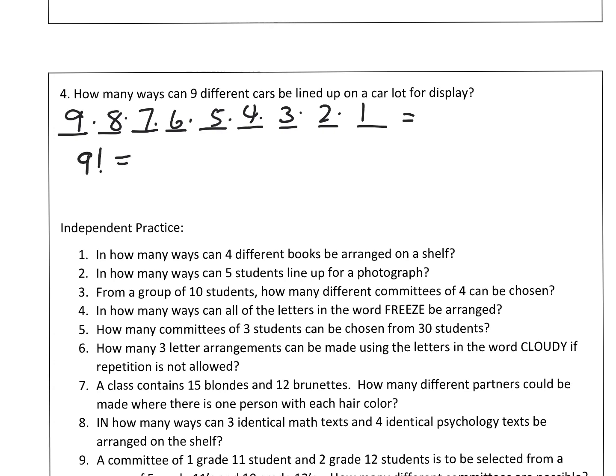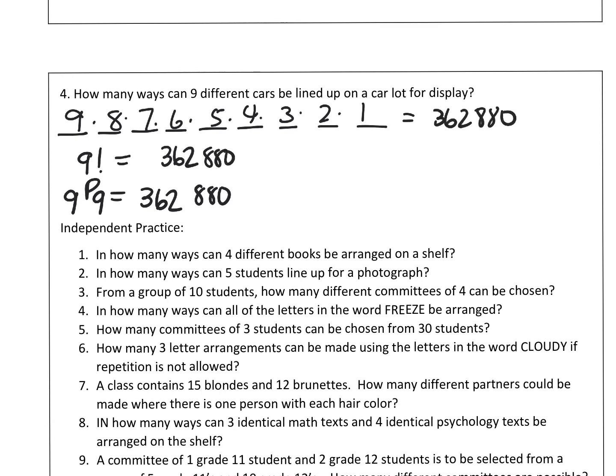You might also recognize it as order matters because when I put them in a different spot, that's different. So 9P9. All of those will give you the exact same answer. And sometimes that causes confusion for people because there's 3 different ways to think about that question. But no matter what, you get 362,880.